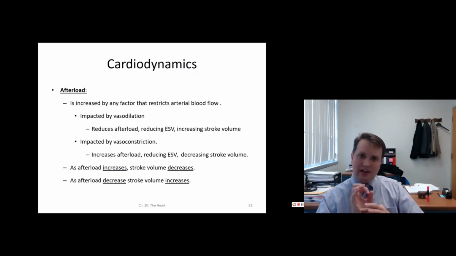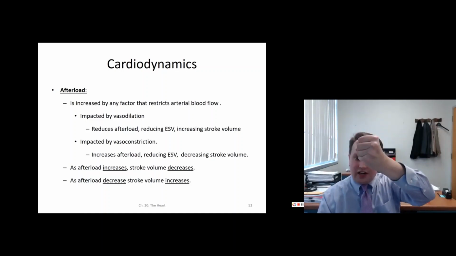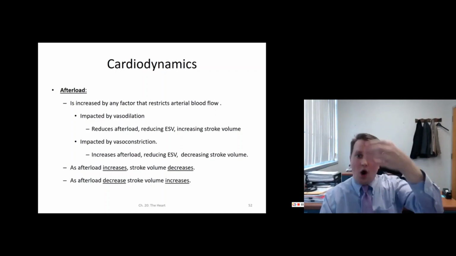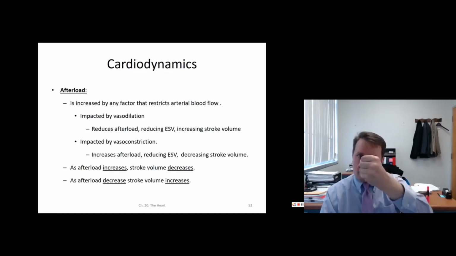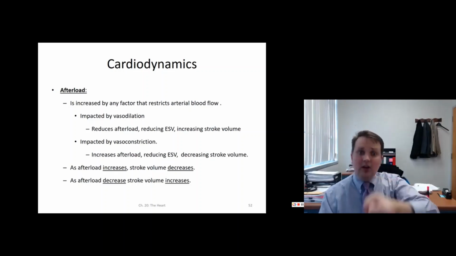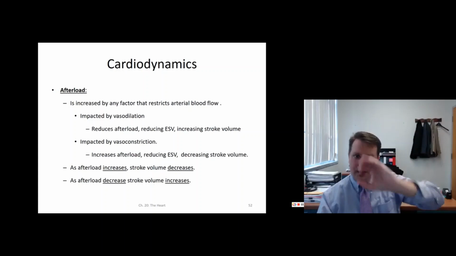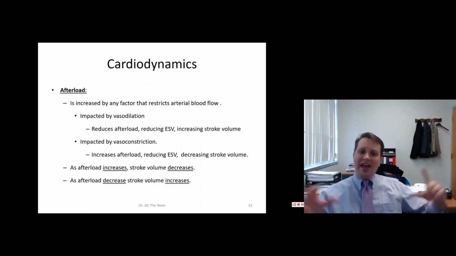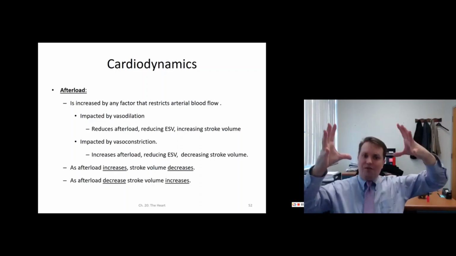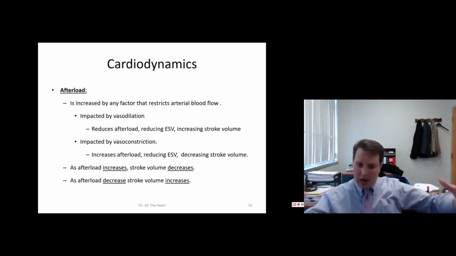Now, afterload. Afterload is any factor that restricts arterial blood flow. One of the things is, if the aorta is constricted, it's harder to get blood into a small tube. If it's open, it's easier to get blood through. So vasodilation, when blood vessels are open, reduces your afterload, reduces ESV, and stroke volume goes up.